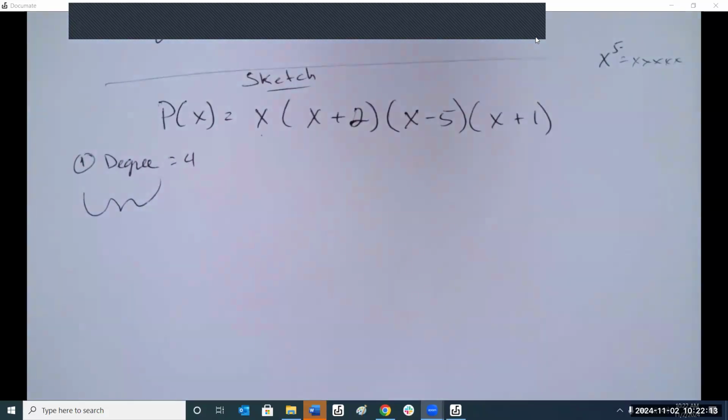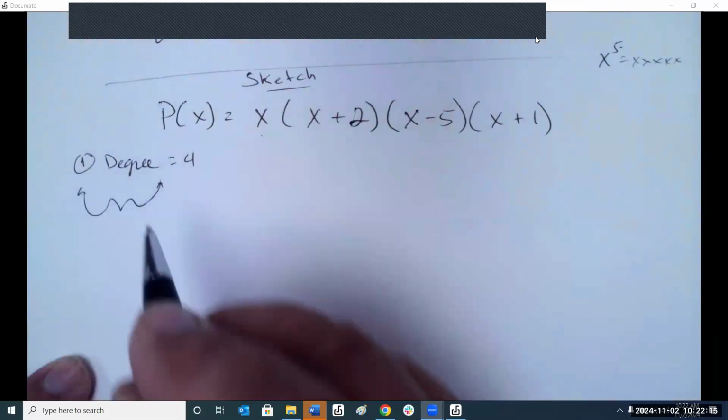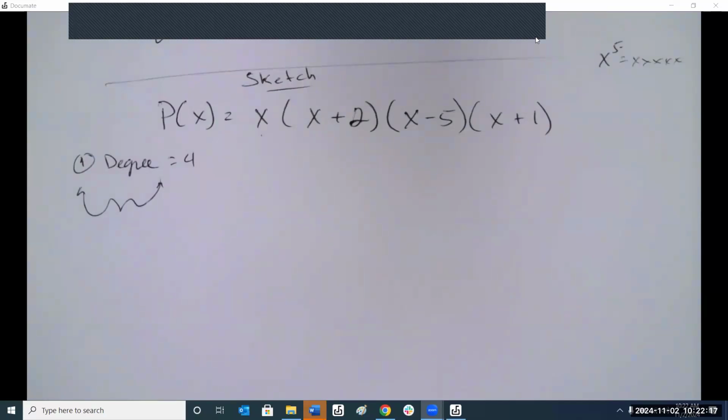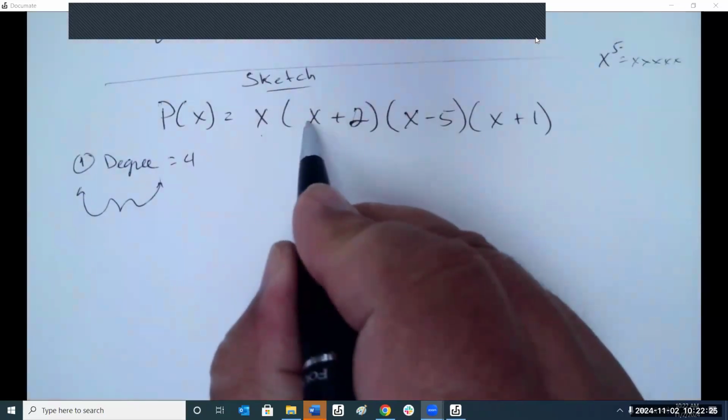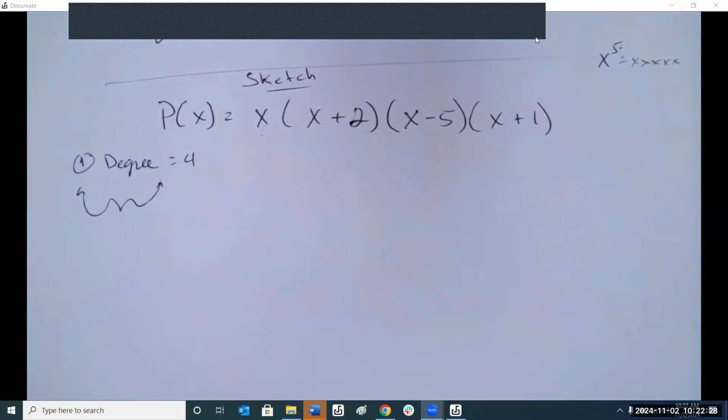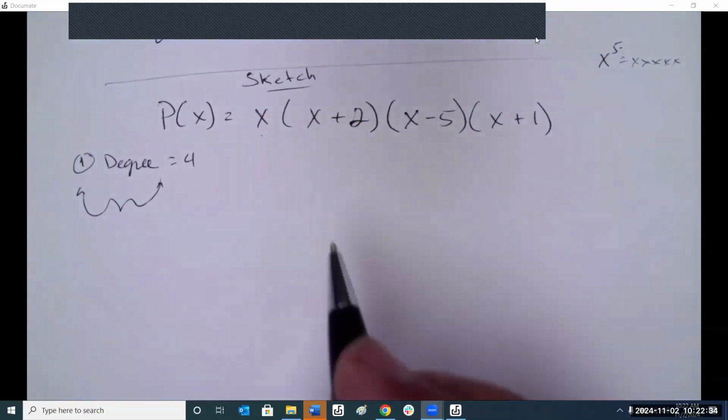Right, it looks something like that, because we know because it's even, both ends point the same direction. Does it point up or down? Up. Why? Positive. Well, because all the x's are positive. Yeah, so it's gonna look something like that. We'll have at most 4 solutions.